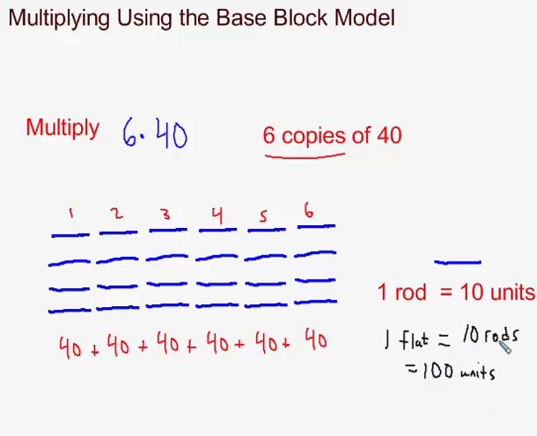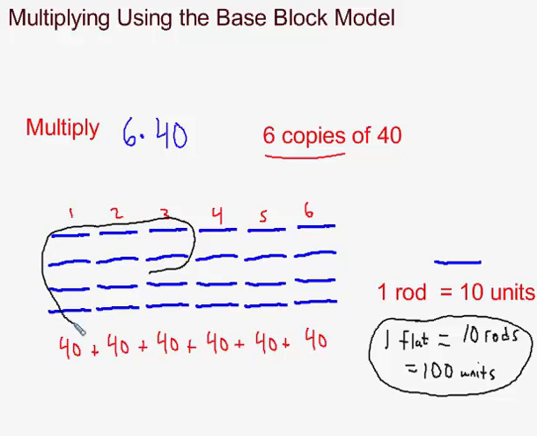You don't necessarily have to draw the flats if you don't want, but you at least need to group these into groups of 10. So here's 10 rods. If you want, that would be the equivalent of 1 flat, or 100 units.